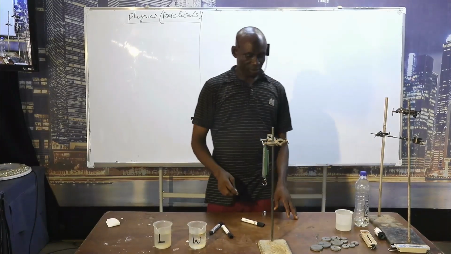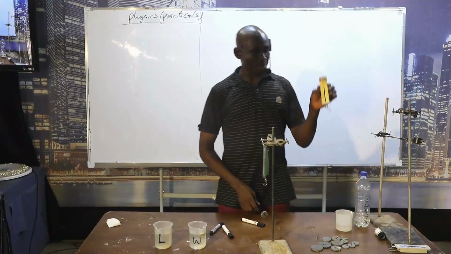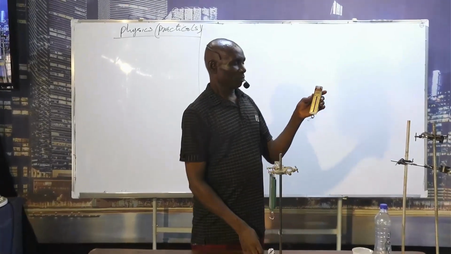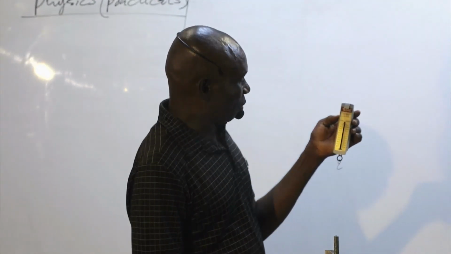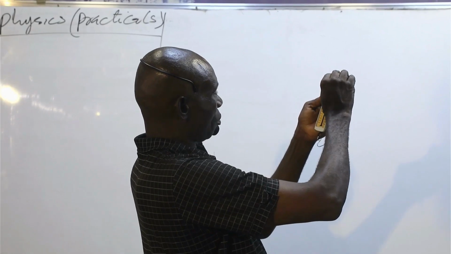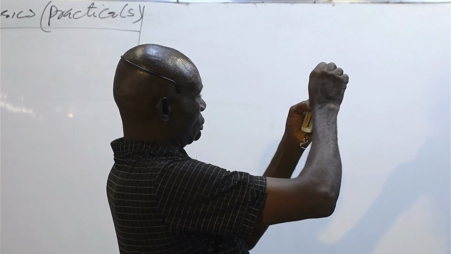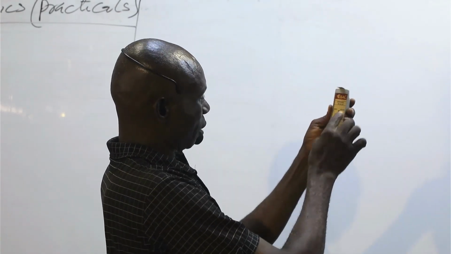So look at this. Anytime you want to make use of the instruments, first you check the zero error. If the zero error is not in order, you work on it until it is at zero error.